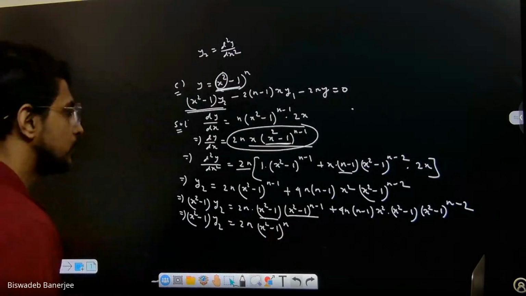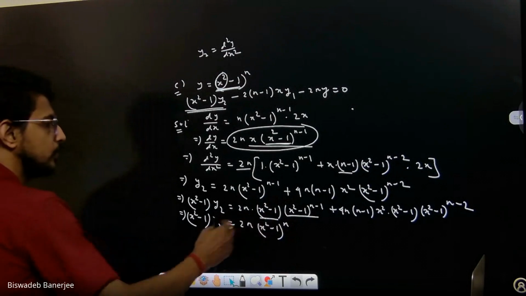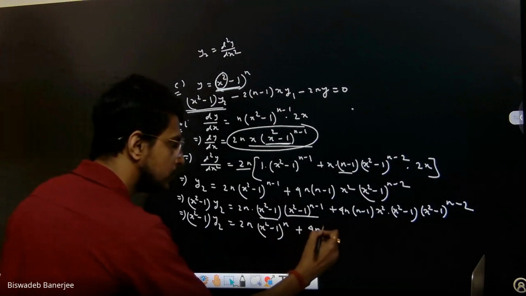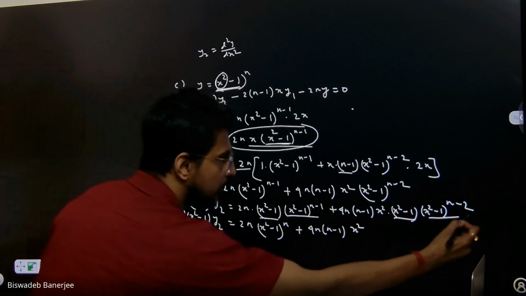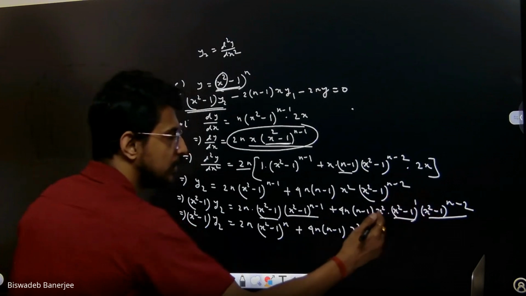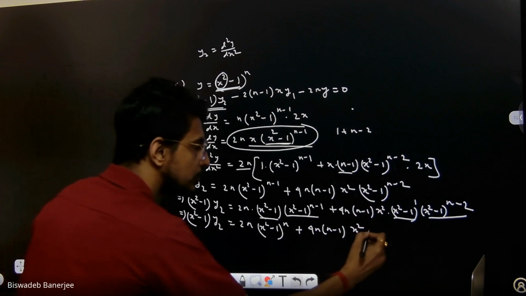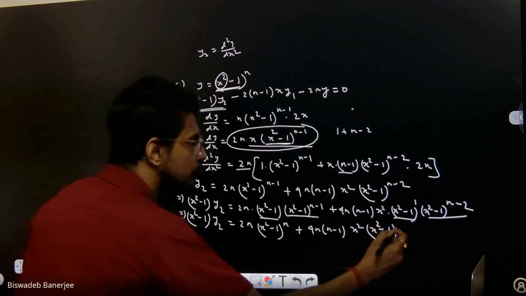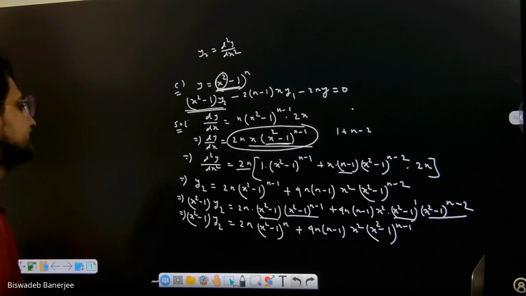These two are multiplied, we are getting 2n into x square minus 1 whole to the power n, plus 4 into n minus 1 into x square. Now, if we multiply these two, here my power is 1. If we multiply, the power gets added. So this will be x square minus 1 whole to the power n minus 1. Right. Okay, done.